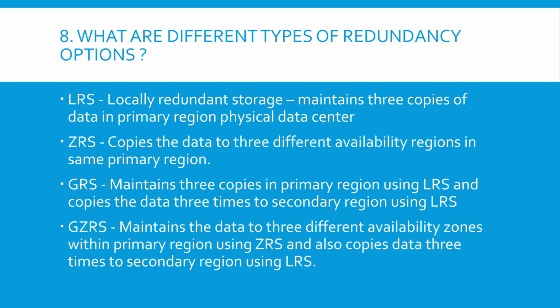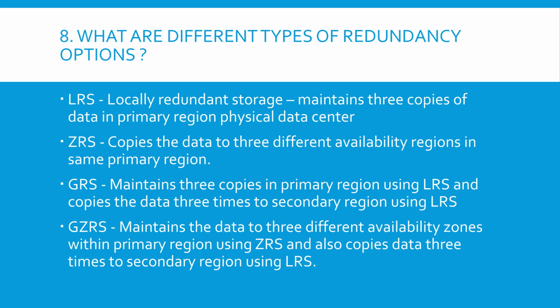Azure implements this on its own, and we don't need to do anything extra. But at the time of Azure Storage Account creation, you can select what redundancy option you want: either LRS, ZRS, GRS, or GZRS. Let's understand each concept.